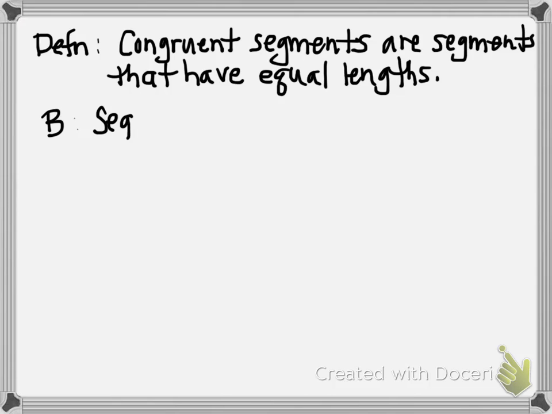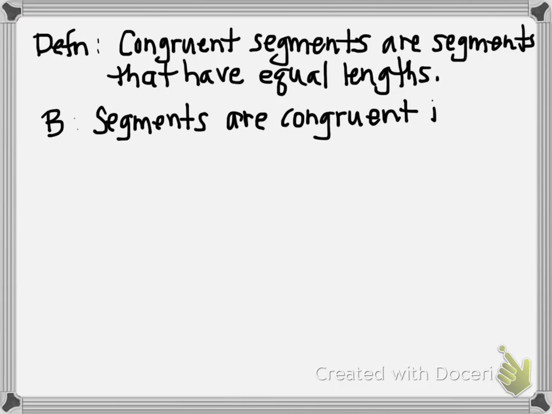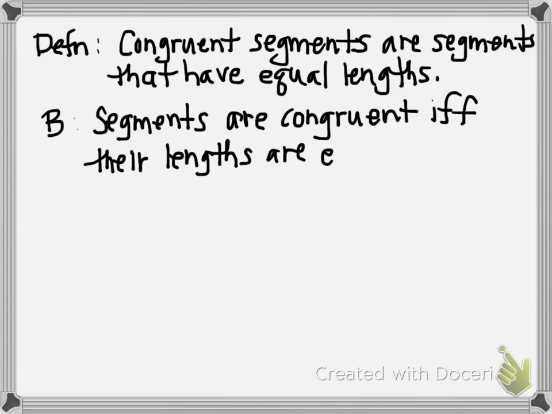Segments are congruent, and here comes that little abbreviation, if and only if their lengths are equal. So the language isn't identical to what we began with, but it's close enough. It'll get by.